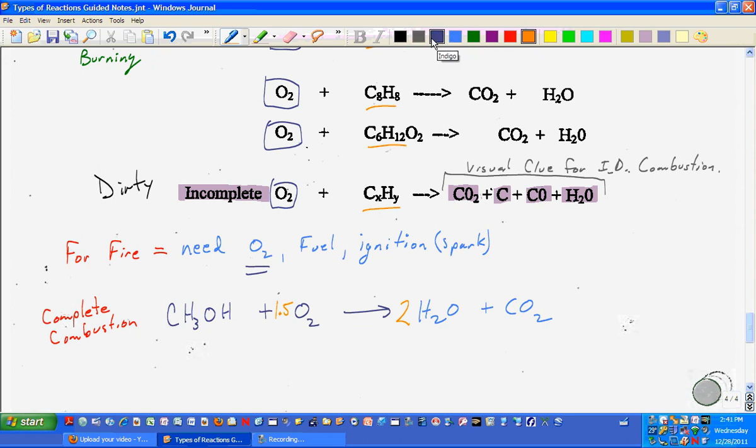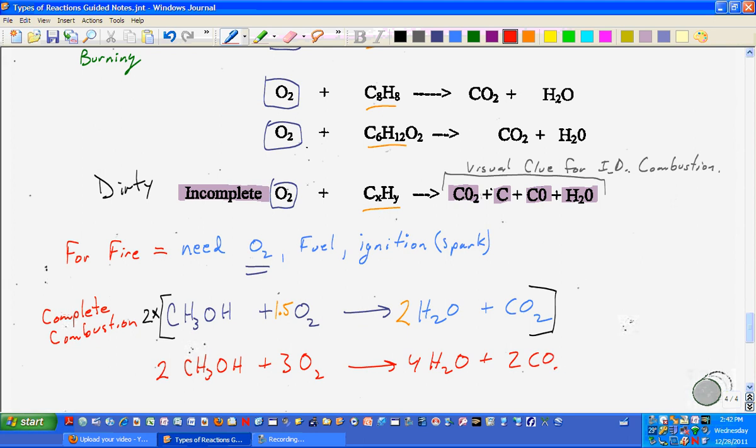What I would do at this point is multiply this entire reaction by 2 in order to get rid of that half. So what I would wind up with is 2CH3OH plus 3 O2 produces 4 H2O plus 2 CO2, and I should be balanced.